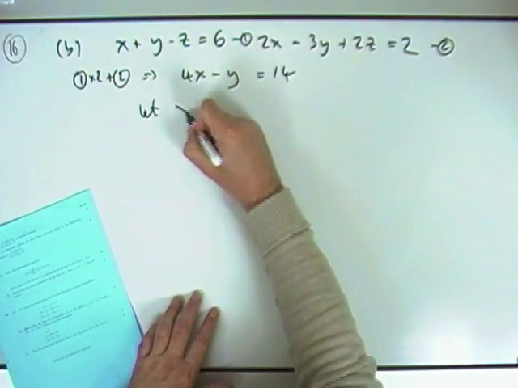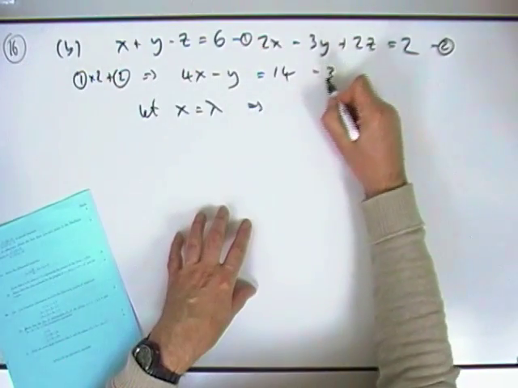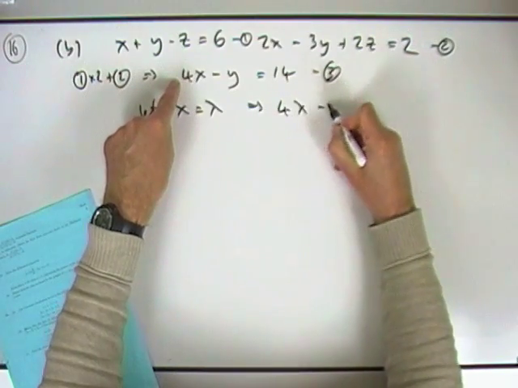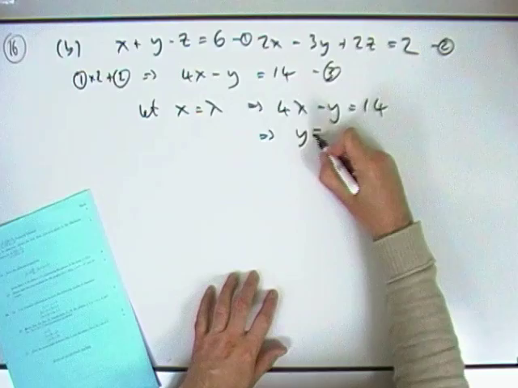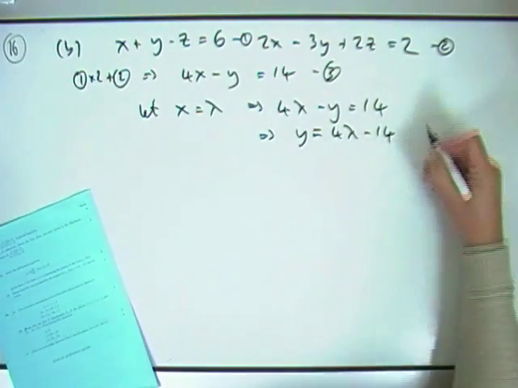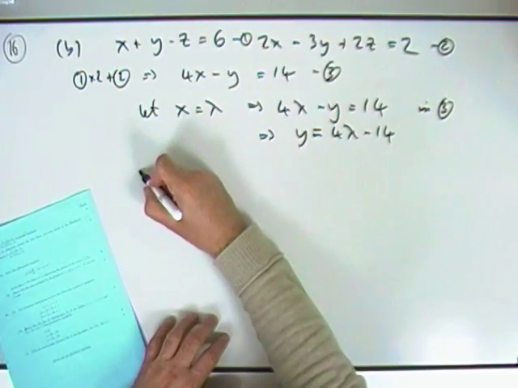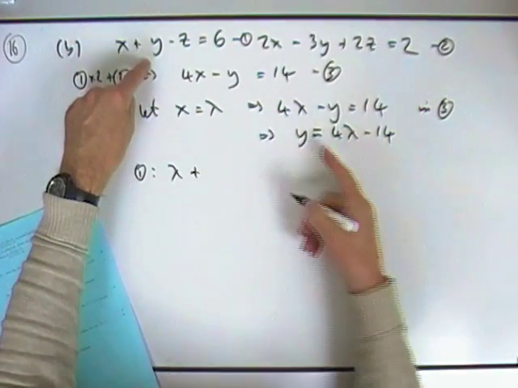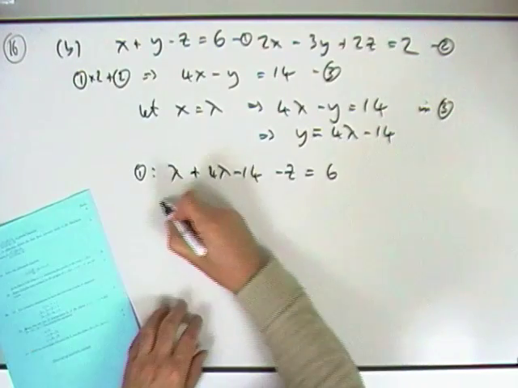So if you let x equal lambda, I'll call that expression number 3. In number 3 I've got 4 lambda minus y is 14, which means y equals 4 lambda minus 14. Then putting that in, going back to number 1, I've got x is lambda, y is 4 lambda minus 14, minus z is 6.